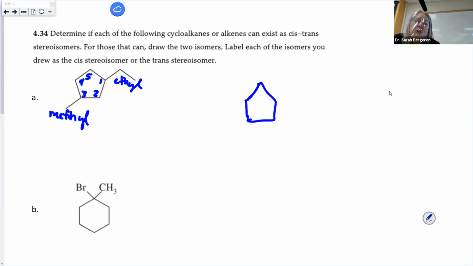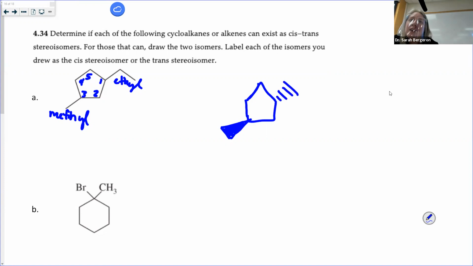I want to draw my methyl going one way and my ethyl going the other way. So if I draw my methyl as a solid, how do I need to draw my ethyl? As that dashed, that weird dashed thing, right? That gets bigger as you get farther away.